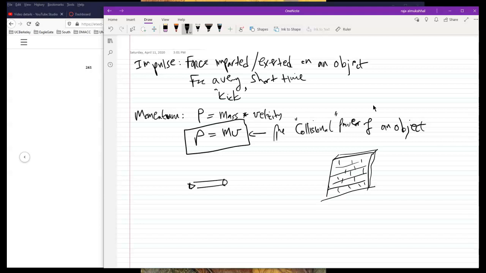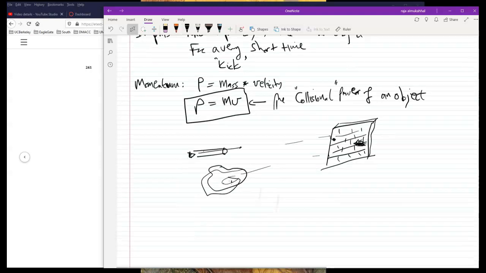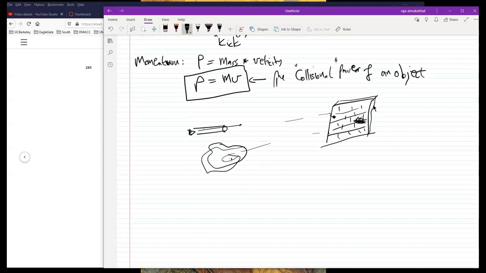Another person has a big boulder. The guy with the bullet pulls the trigger, the bullet leaves the barrel, and it hits the wall here. The guy with the big boulder lifts the boulder above his head and throws it as hard as possible. Which one do you think will make more damage to the wall?